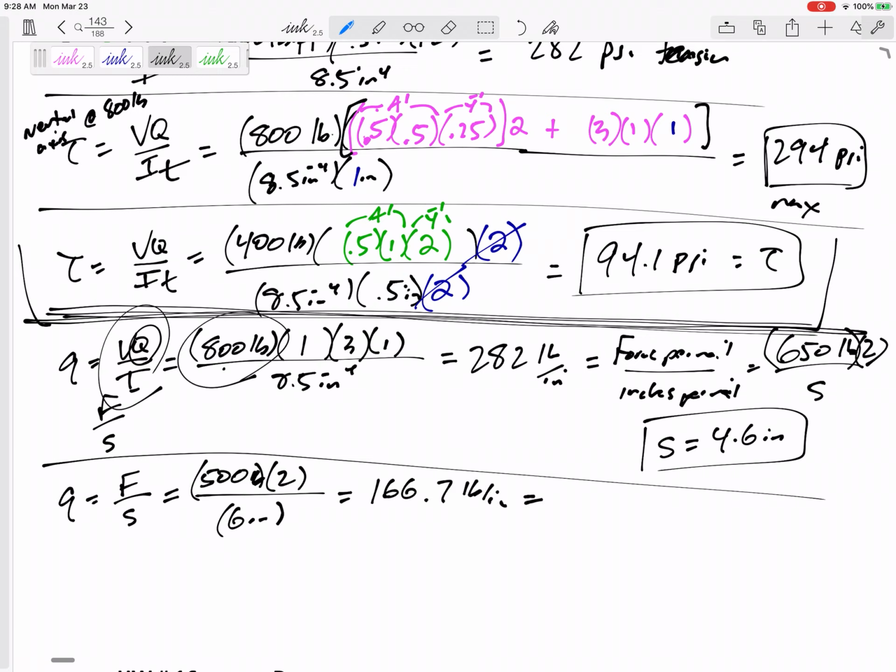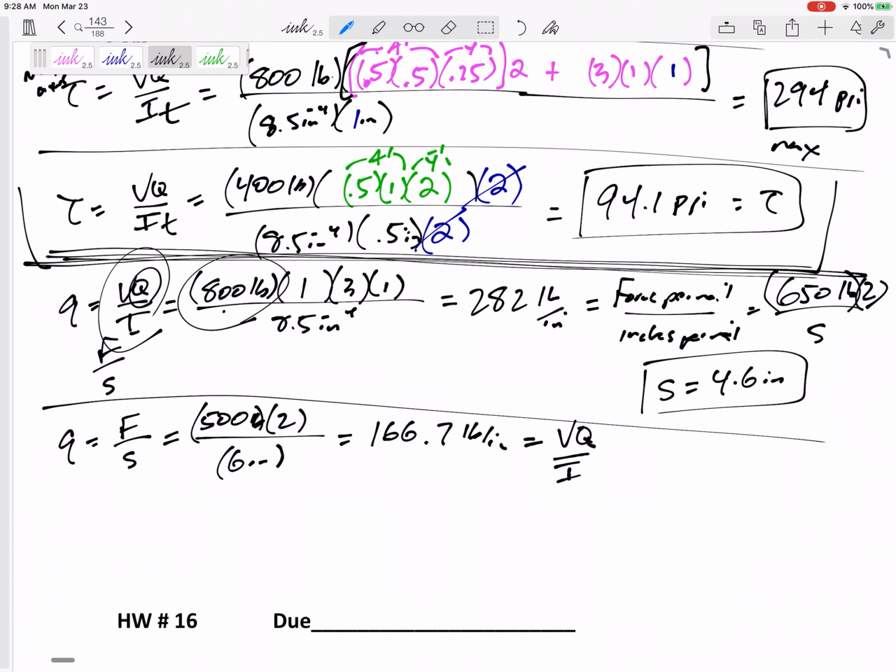Shear flow is also equal to VQ over I. And if I know that the Q at the interface is 131, and I know the I is 8.5, I can get the V, 472 pounds.